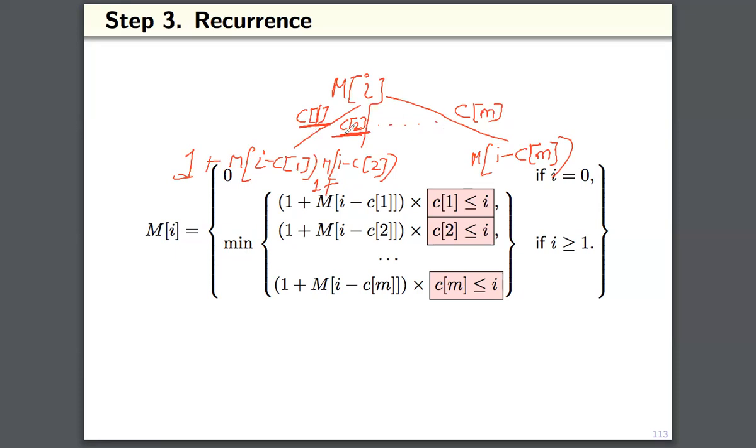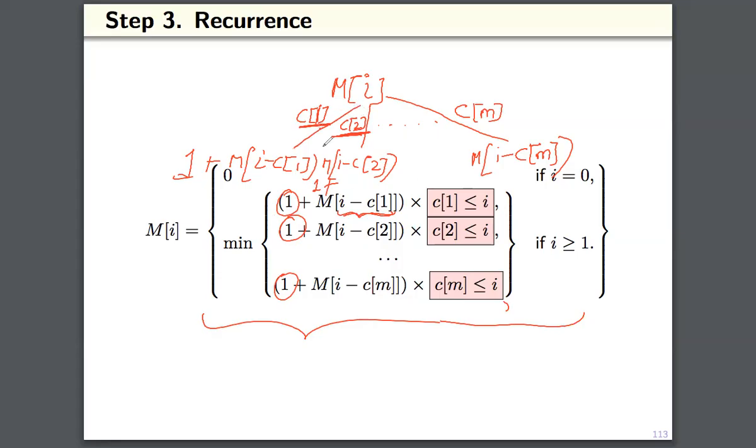You used one coin, so adding plus 1 is important. Make sense? So that's the idea, and make sure that this won't go negative. So that's why we have this. So this is your recurrence, and if you solve it, that's the solution.